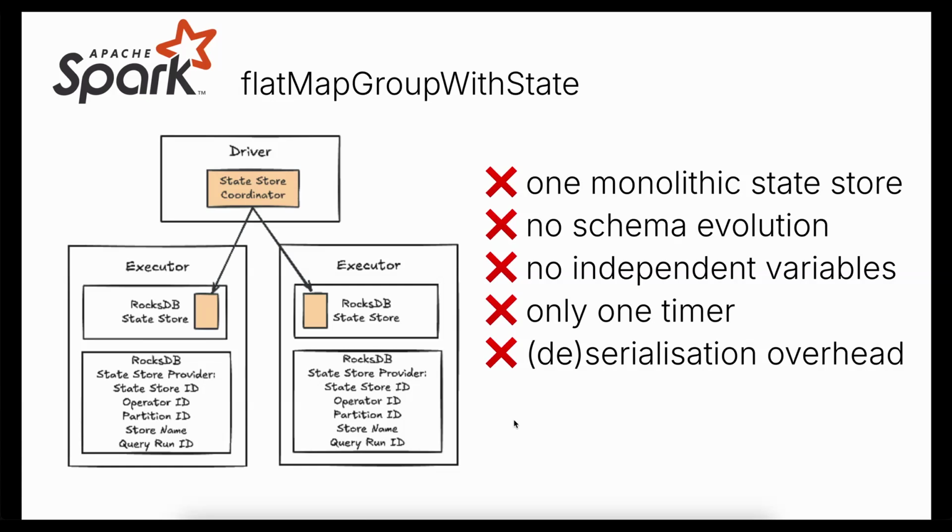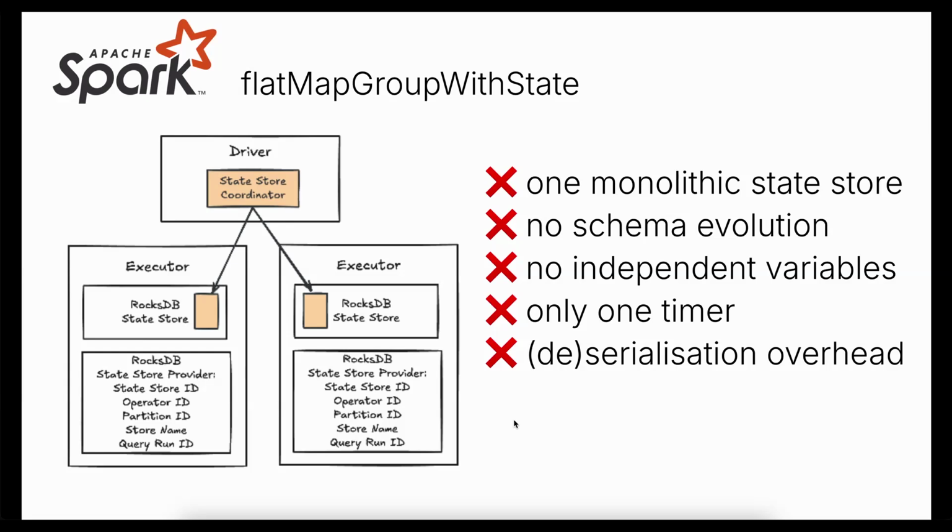That means you're stuck with one single blob of data, and it didn't support schema evolution. So it was rigid. If you wanted to evolve your schema, you might have to start all over again. And it has only one timer per key, which means that if you want to trigger multiple events based on different logics, you can't do that. And last but not least, it had serialization penalties, which manifested at scale and became less efficient.